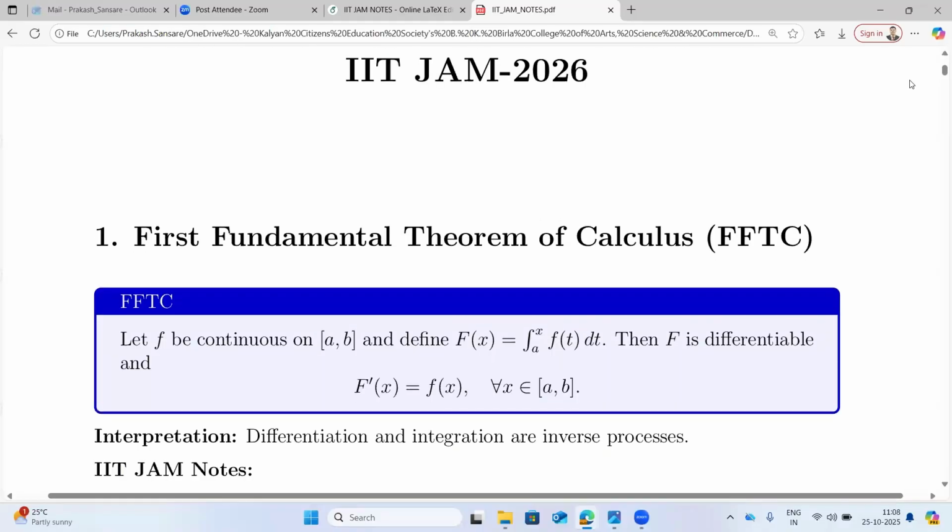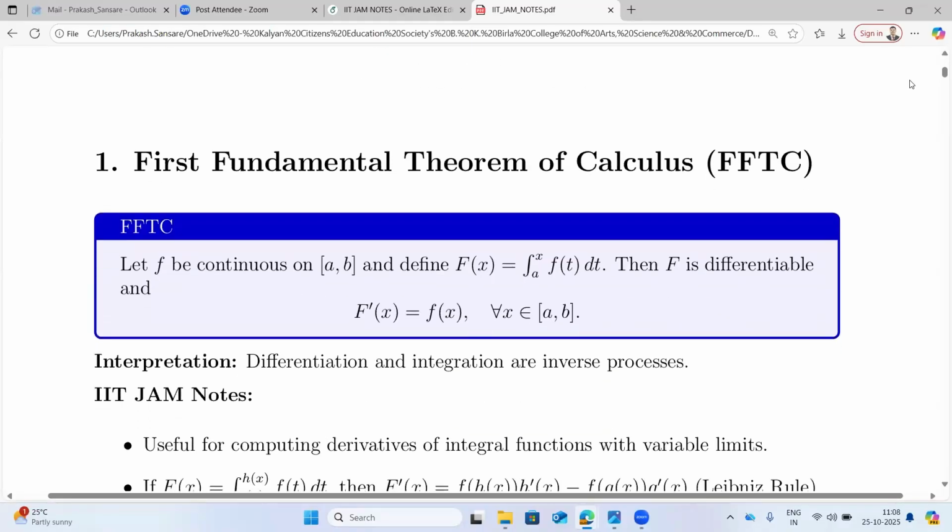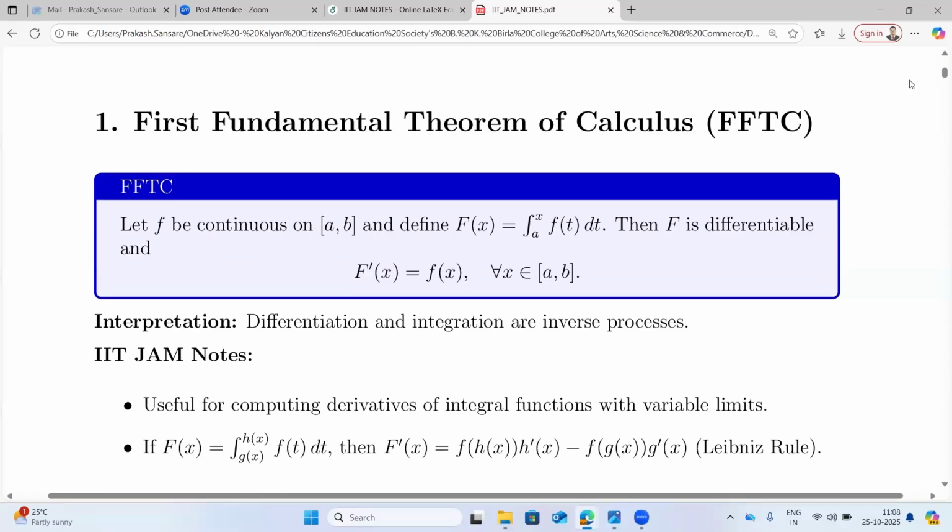Before starting with the first fundamental theorem of calculus, I'm sure the audience must be aware of what continuity and differentiability are. Assuming that, I'll start with the first fundamental theorem of calculus.